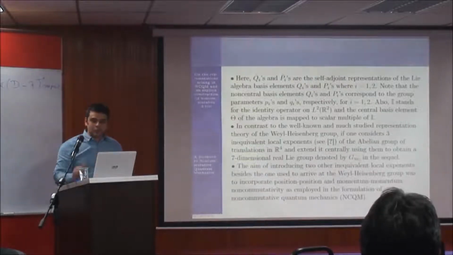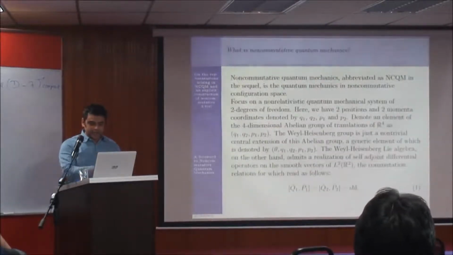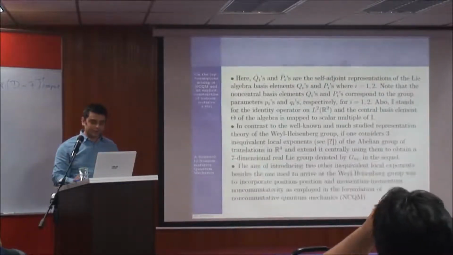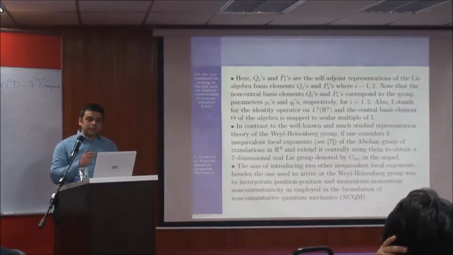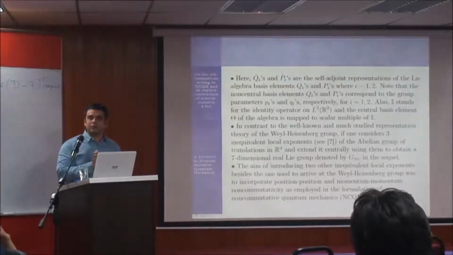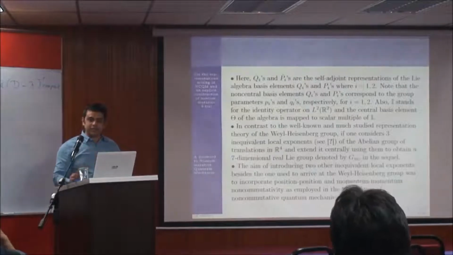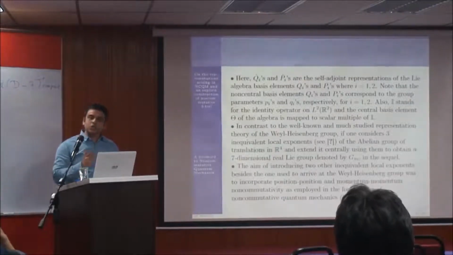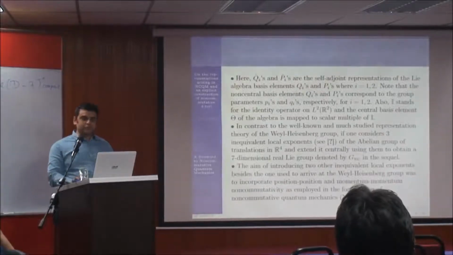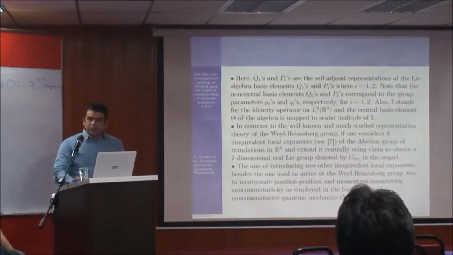Besides the central parameter back here, theta, we will introduce 2 other central parameters here, which means that we will not just singly extend the abelian group of R4. We will triply extend it, which means that we need 2 more inequivalent local exponents. So I will tell you what it means by local exponents in a minute.